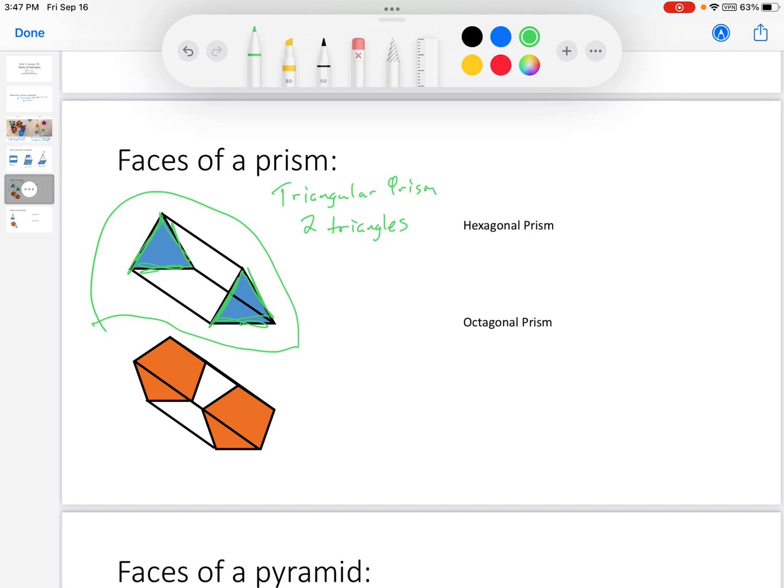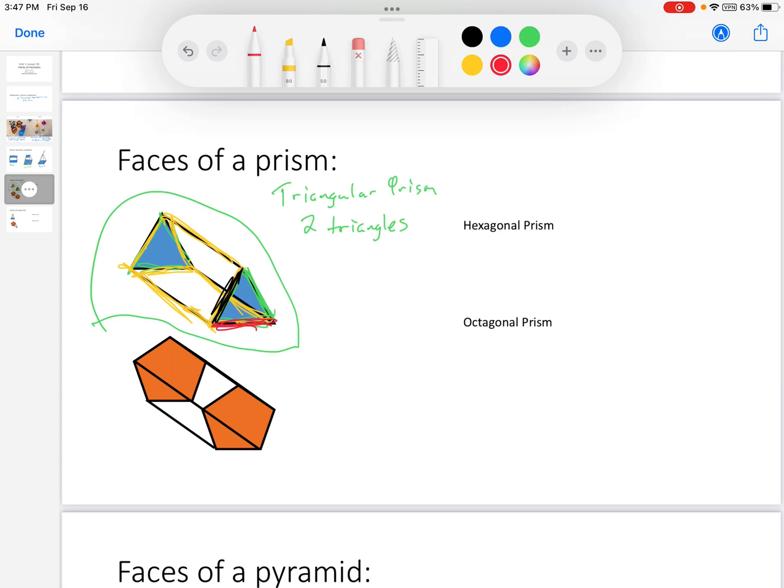Now remember, what shape is between? Well, between are rectangles. How many rectangles will it have to have? Well, in this case, it's going to need three rectangles. One to attach to this side, one to attach to this side, and one to attach to this side.